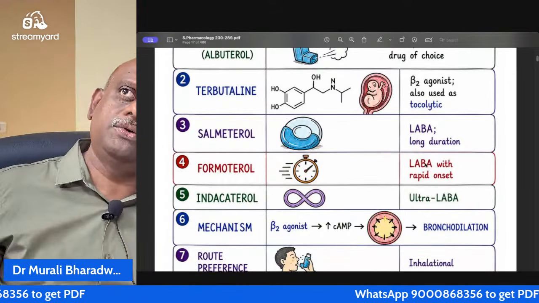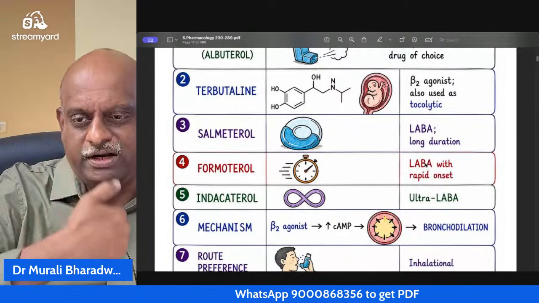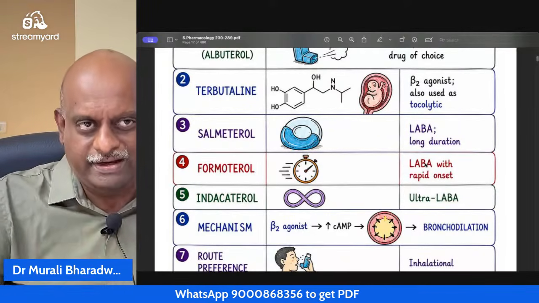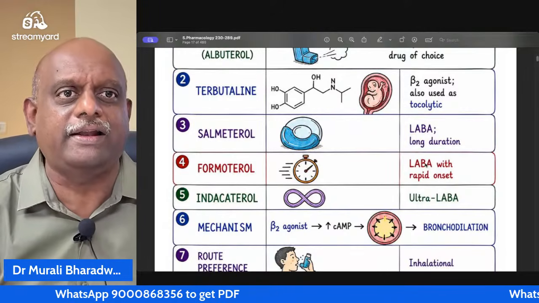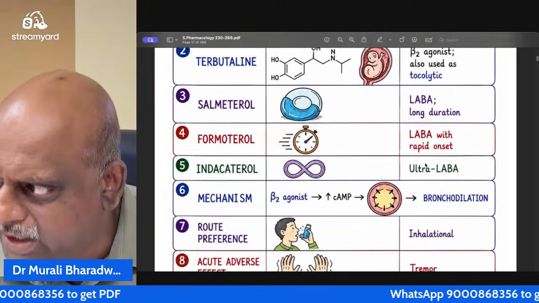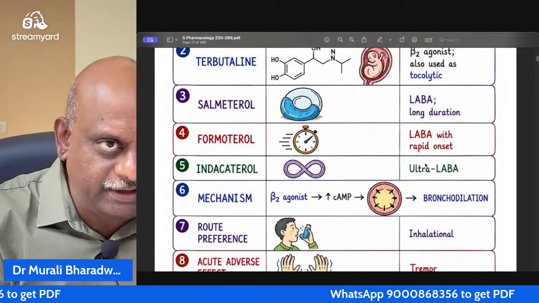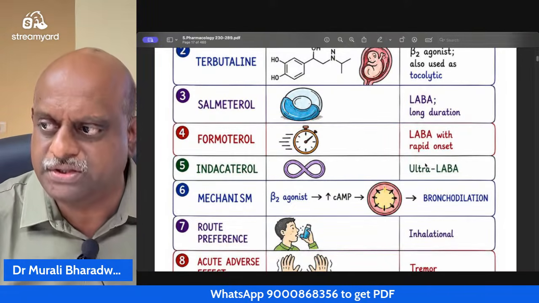Formoterol is commonly used in Foracort, the brand used for inhalers. Indacaterol is an ultra long-acting, ultra rapid onset beta-2 agonist.